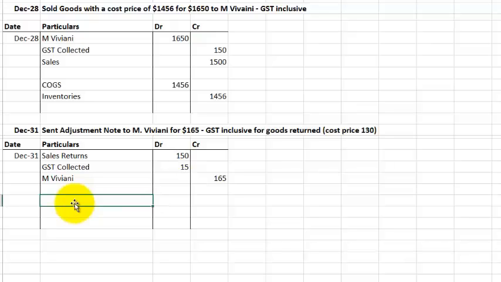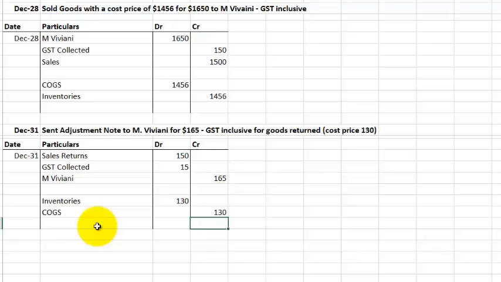Also, what we must do is to recognise that some inventories have come back to us. In this instance, it was $130 worth, and the cost of goods sold has gone down because that amount has been reduced by the amount that we received back from our customer.